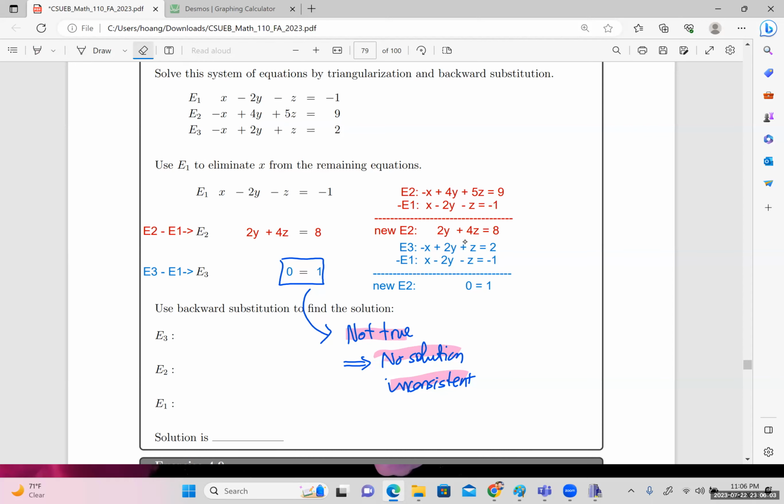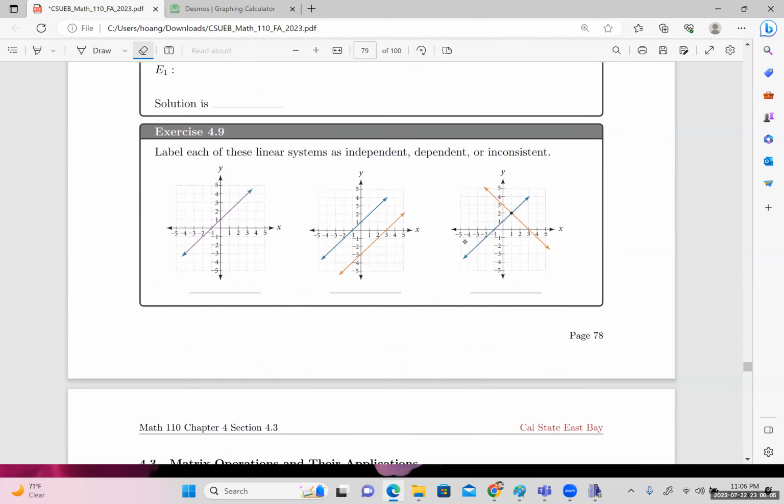So let's go ahead and move down here. Try to label each of these linear systems as independent, dependent, or inconsistent, right? You know the one that has an intersection will be the independent one, right?